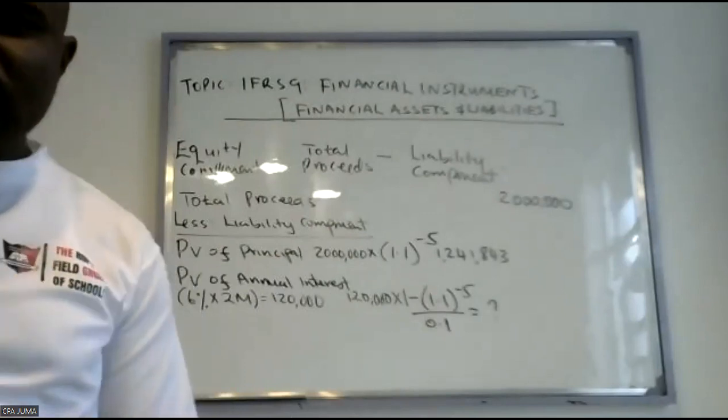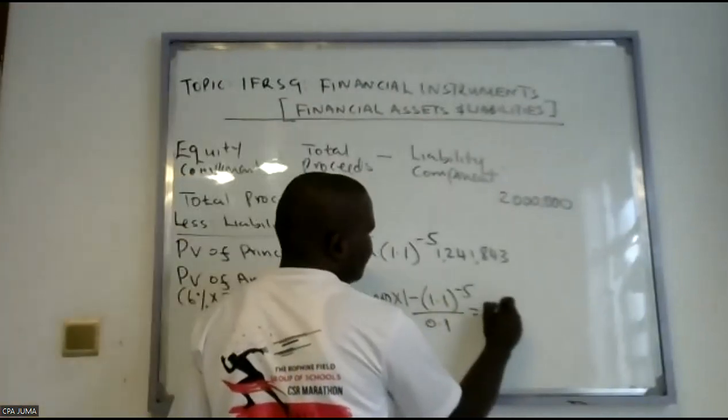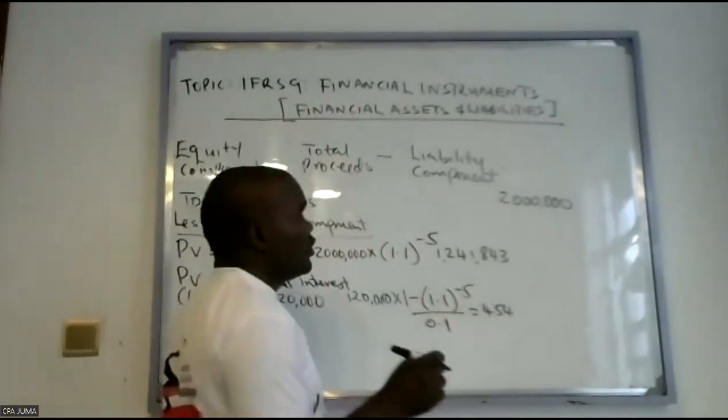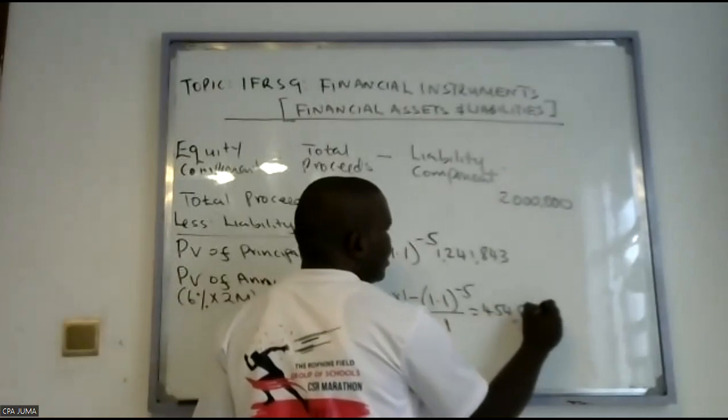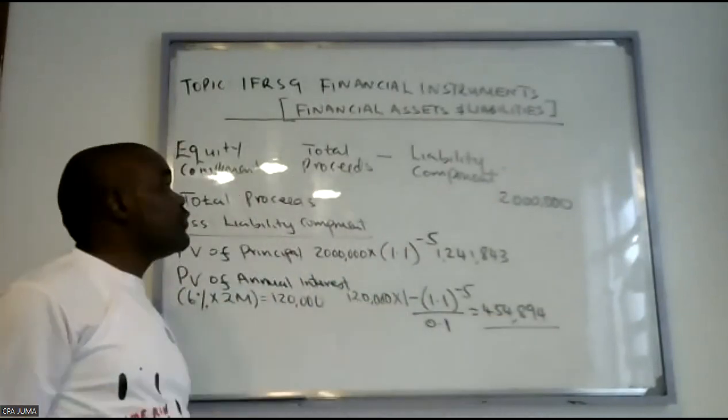What do you get, Hilda? 454. 454.894. So imagine the face value 600 above 454.